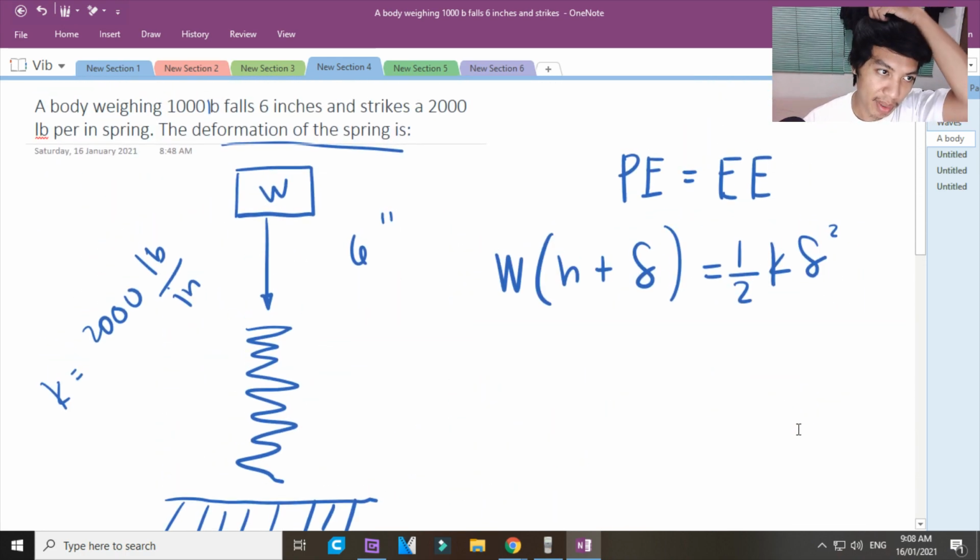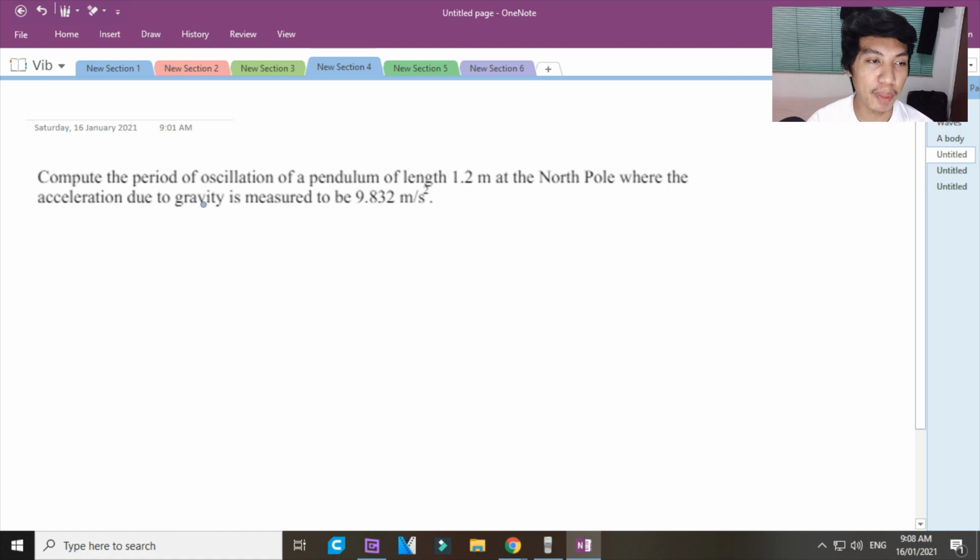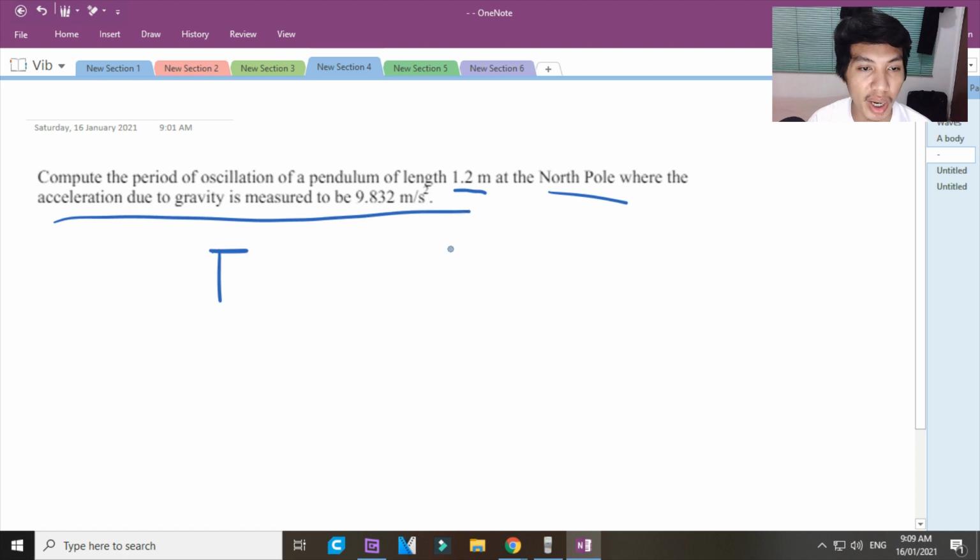Very simple lang naman ang mga problems of impact loading pagdating sa springs. At marunong ka lang tumingin ng figure. Number 2, compute the period of oscillation. So that is T. Okay. Of a pendulum of a length of 1.2 meter at the North Pole, where the acceleration due to gravity is measured at 9.832 meter per second squared.